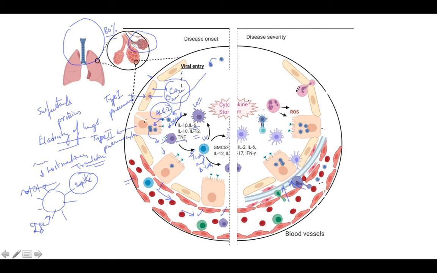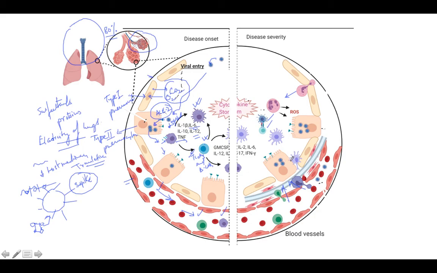There is recruitment of neutrophils, and there is interaction of T cells with dendritic cells, and they start producing different kinds of cytokines. This whole thing brings a cytokine storm, which causes the first severity of this disease, which means the disease is getting worse in this step.